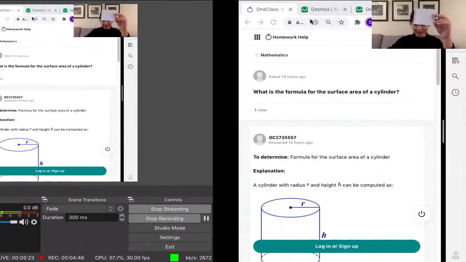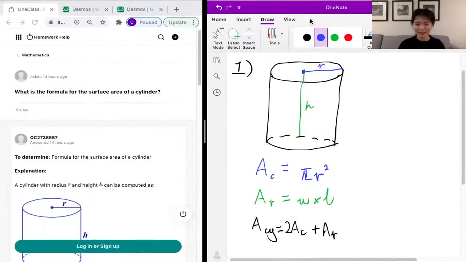So yes, magic, right? But how do you know what is the area of this rectangle? Because you know the surface area would just be the area of this rectangle around the cylinder plus the area of the top circle and the area of the bottom circle of the cylinder. So how would you find the area of the rectangle wrapping around the cylinder?